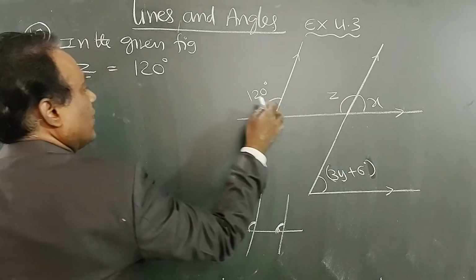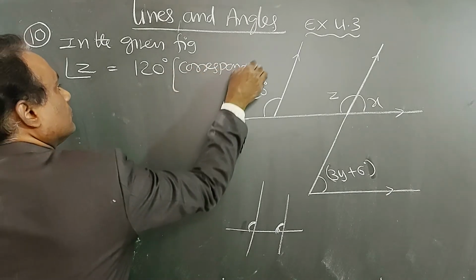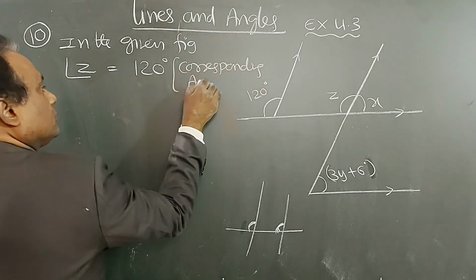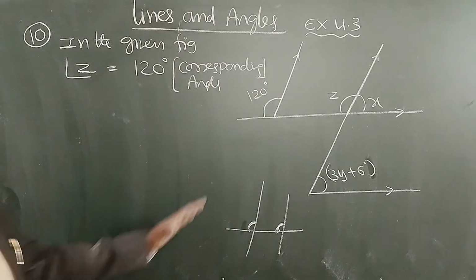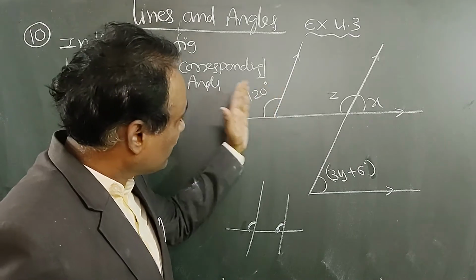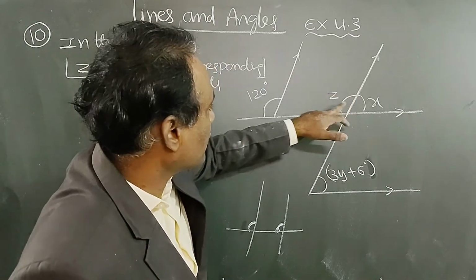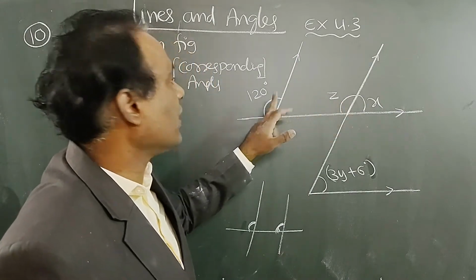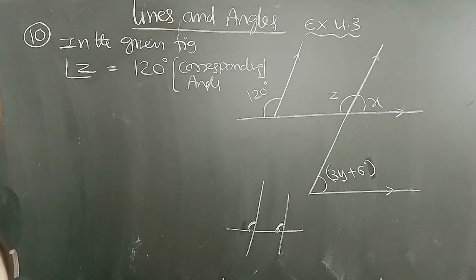Angle z is equal to 120 degrees. Corresponding angles: one is exterior, one is interior, on the same side of the transversal. So z is equal to 120.